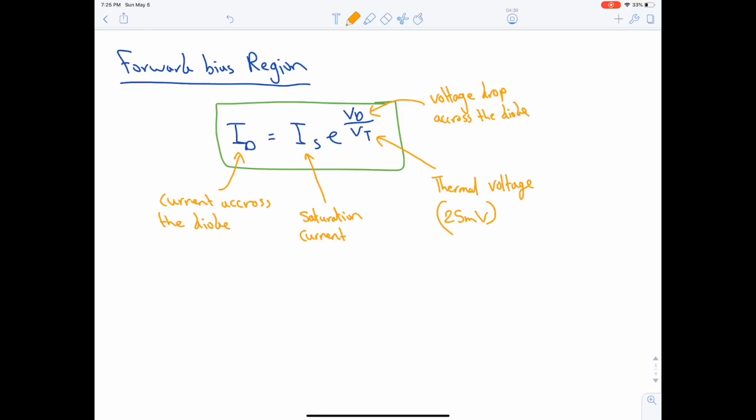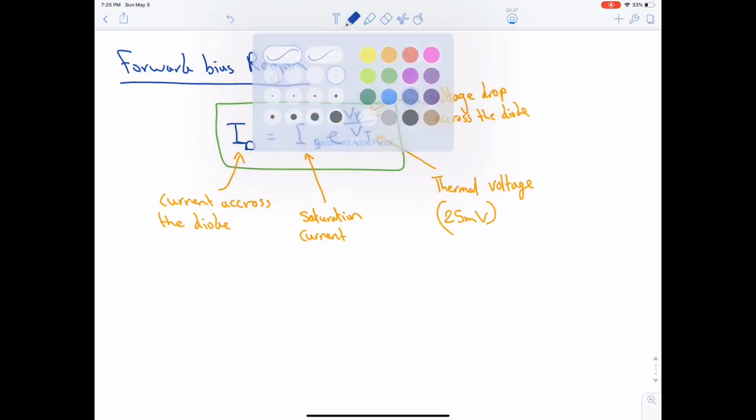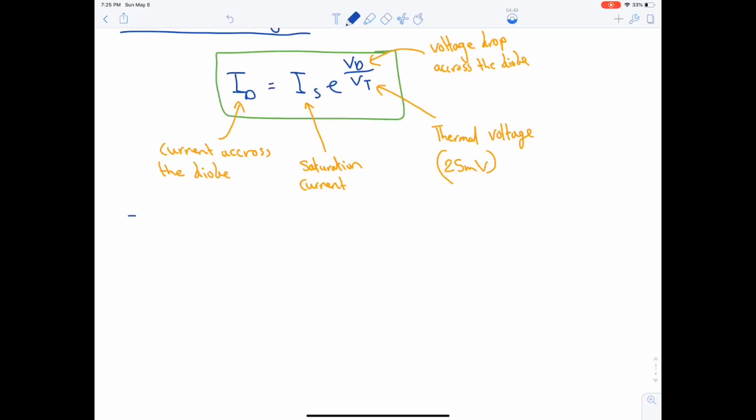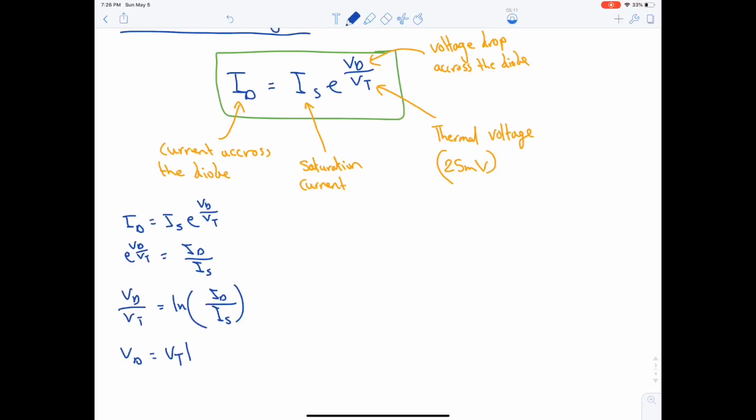Okay. Now, if they ask us to find ID, then this is the equation. Whereas if they ask us to find VD, then we have to make it the subject of the formula. If ID is equal to IS e to the power VD over VT, then e to the power VD over VT is equal to ID over IS, then VD over VT is equal to ln of ID divided by the saturation current, then VD is equal to VT times ln ID divided by IS.